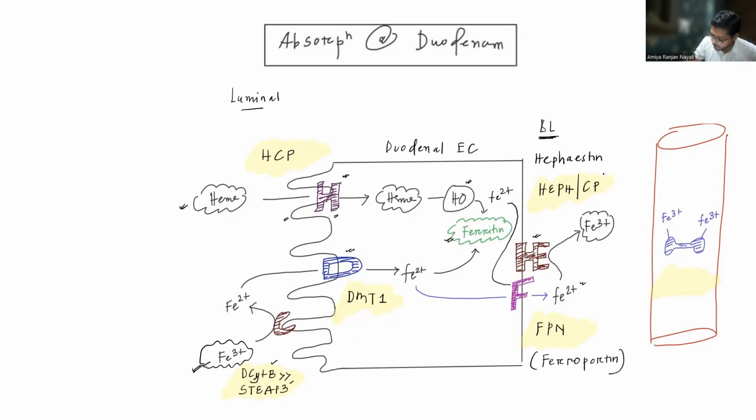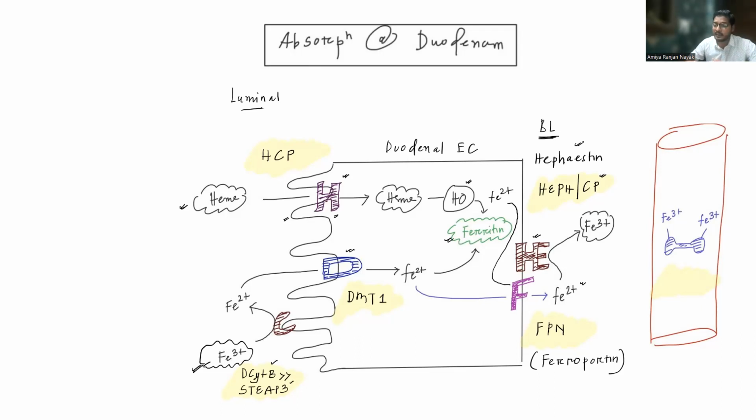Ceruloplasmin you must have studied if you have studied copper metabolism; it is a copper-containing protein. Both hephaestin and ceruloplasmin have peroxidase activity, which means they can convert the ferrous form to the ferric form. In the duodenal epithelial cells, hephaestin is predominant compared to ceruloplasmin. Okay, so this is clear.